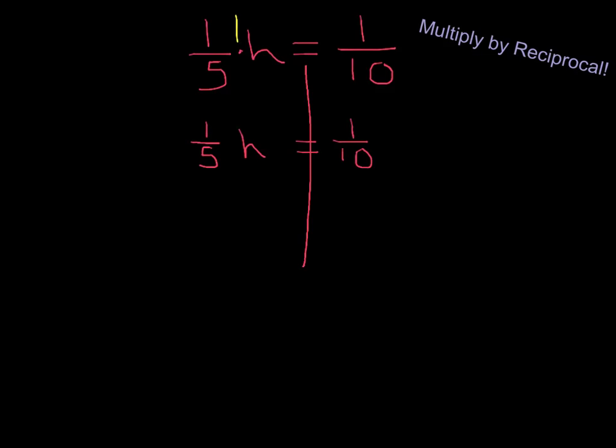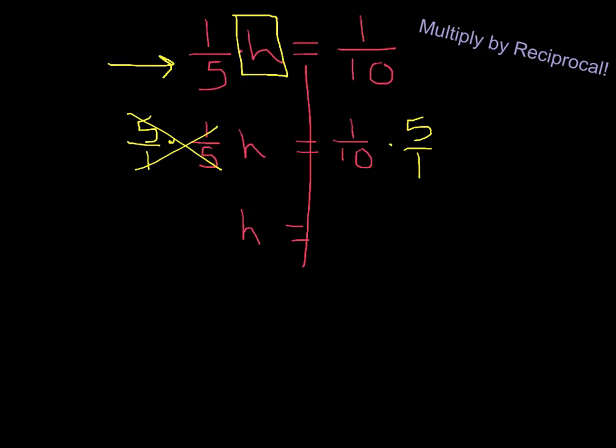So because I want h by itself, I have to multiply by the reciprocal of 1/5, which is 5 over 1. So multiply both sides by 5 over 1. Here, they cancel out, and it leaves me with just h equals, multiplying fractions, just multiply straight across, 1 times 5 and 10 times 1.